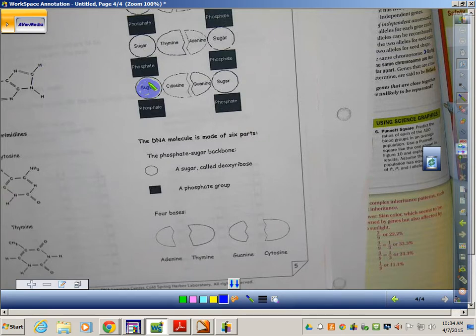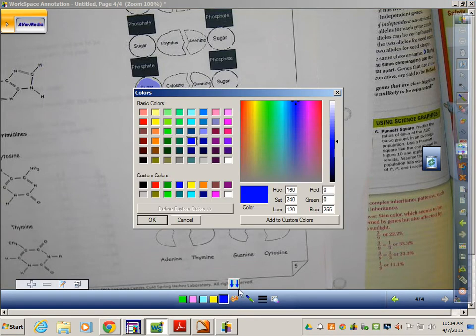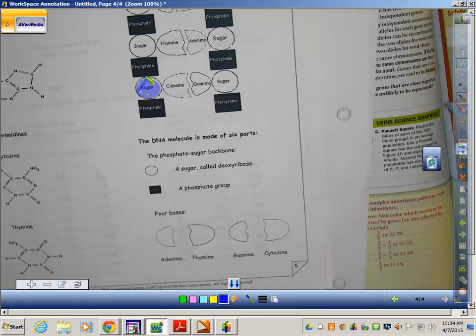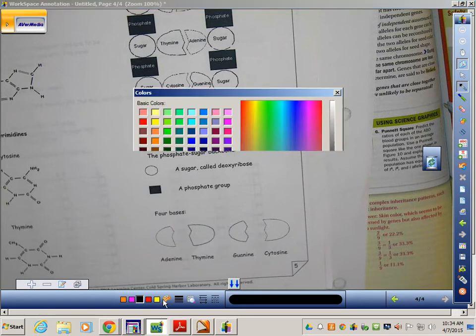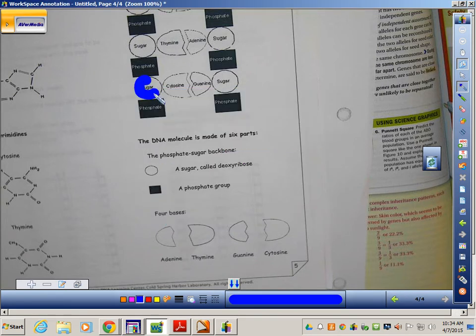That doesn't really look blue, but we're going to say it is. Oh, it's a highlight. Yeah, that's what it is. All right. I done goofed again. Let's do this. Now I won't be able to see through it, though. Okay, so your sugars get colored blue. That's a vibrant, royal blue. All right. The phosphates are going to be black. I can't change that. Okay? Phosphates are black. Adenine, thymine, guanine, and cytosine are each going to need their own color.